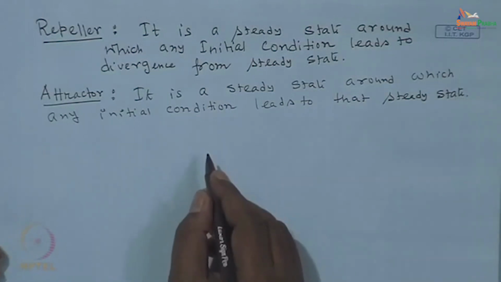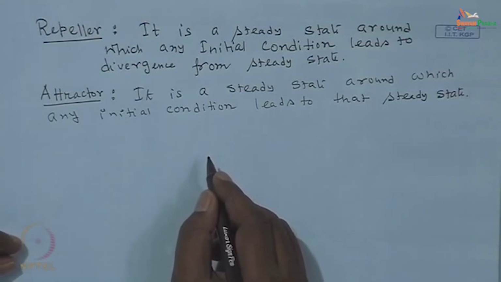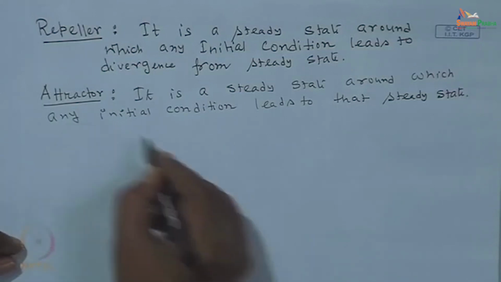So, that steady state is called an attractor.